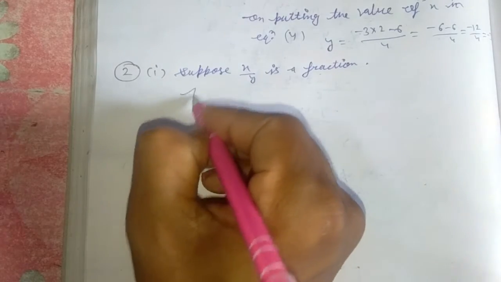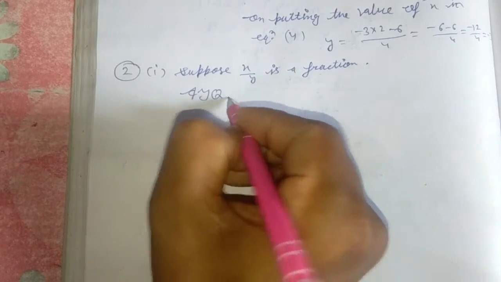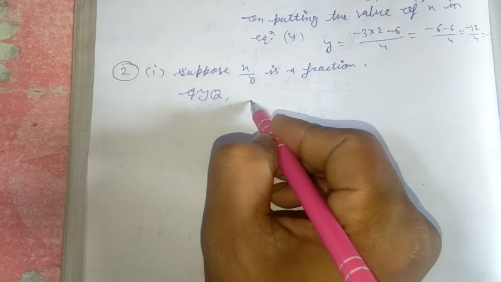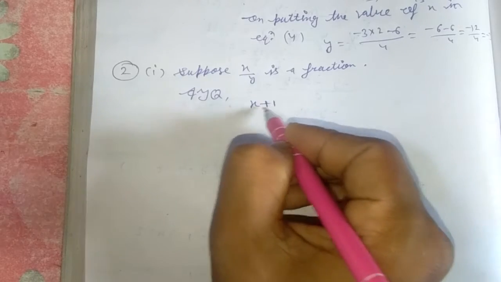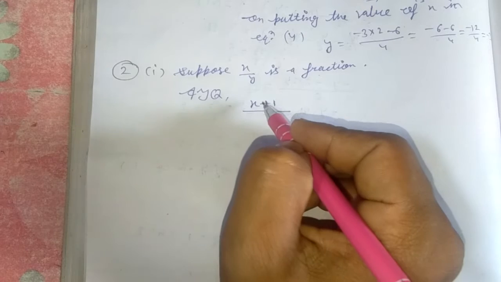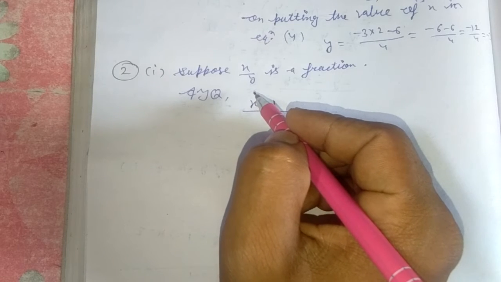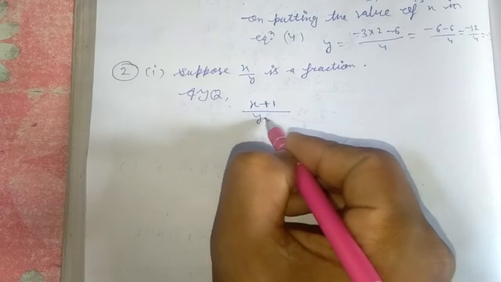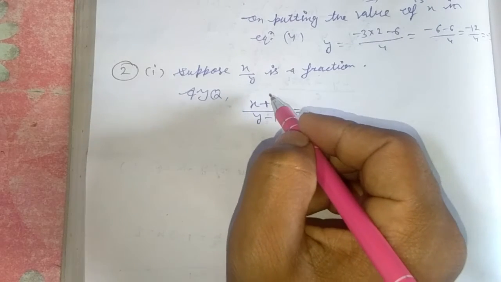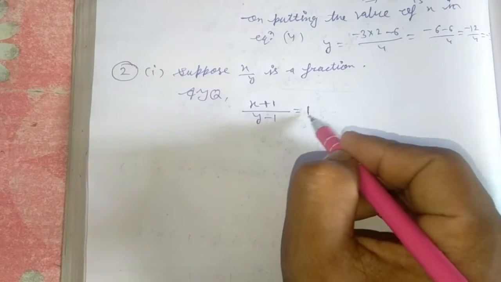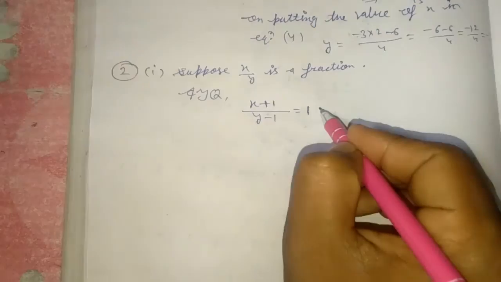So according to the question, for the first condition, if we add 1 to the numerator, meaning we add 1 to x, and subtract 1 from the denominator, the fraction reduces to 1. Now do cross multiplication.